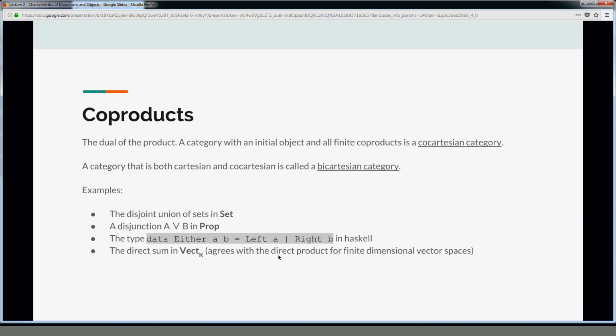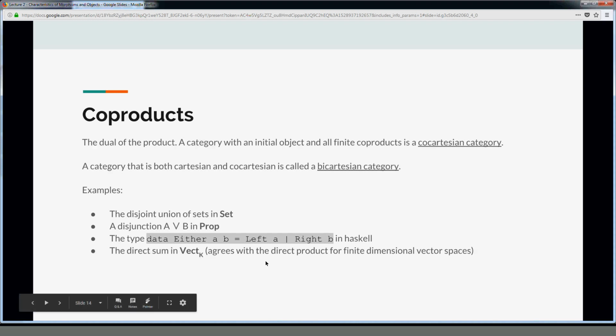The direct sum in vector spaces. Now this actually agrees with the direct product for finite dimensional vector spaces, but with infinite dimensional vector spaces there are some more restrictions. The direct product allows arbitrary combinations, whereas the direct sum requires that vectors be a linear combination of only finitely many of the basis vectors in either space.